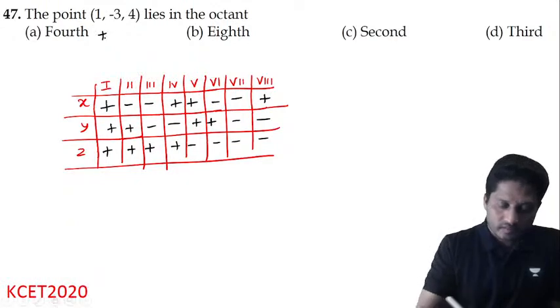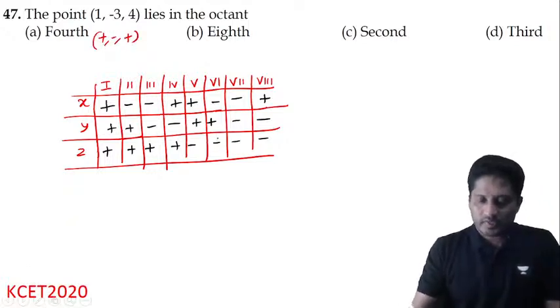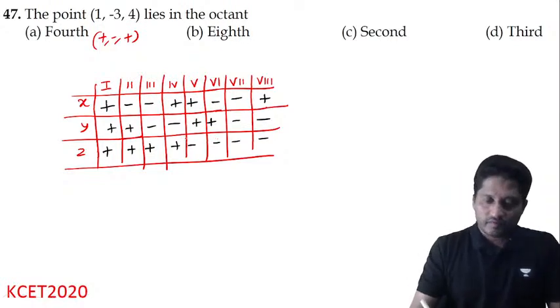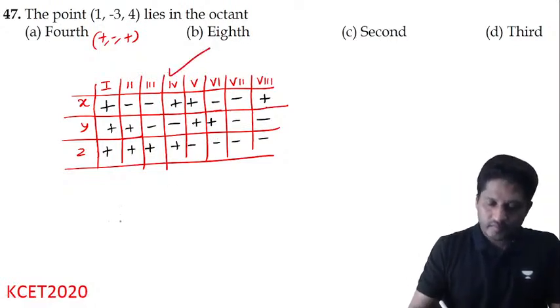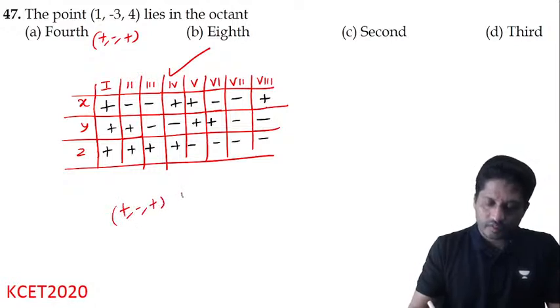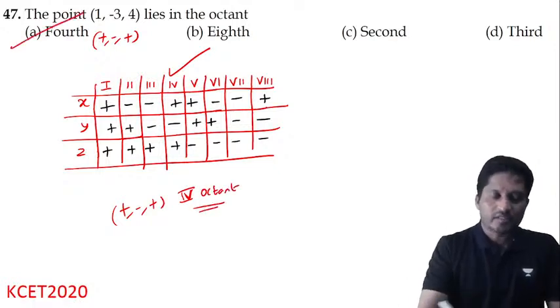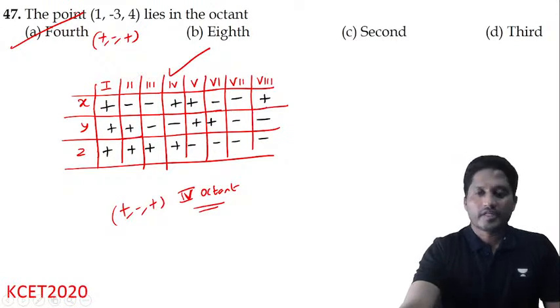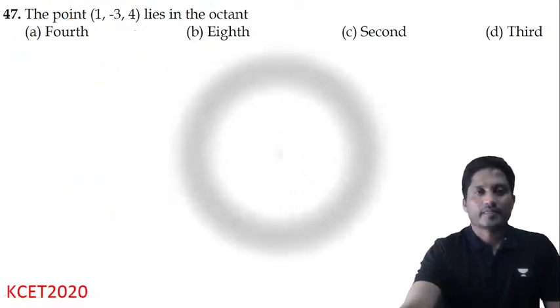Plus, minus and plus lies in 4th octant. Right, so answer is option E. Let's move to the next question.